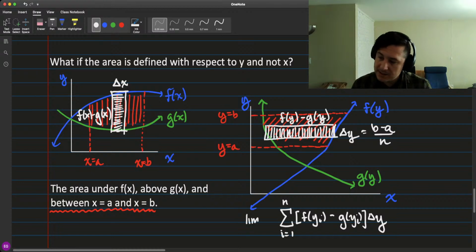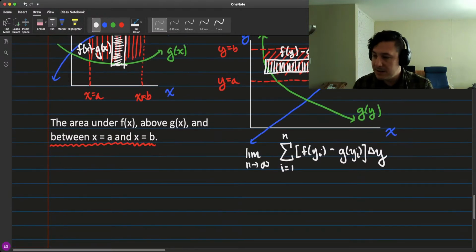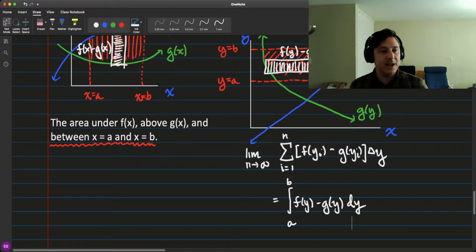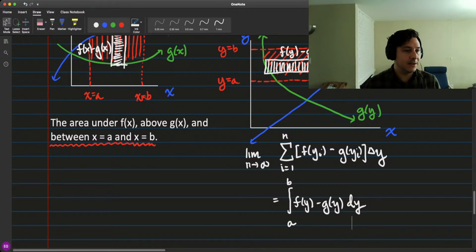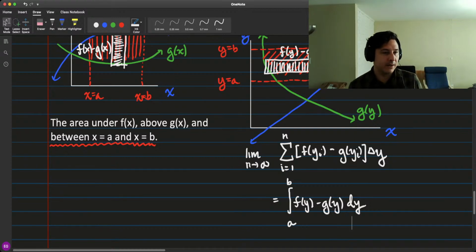Let's make the number of rectangles go to infinity, and that is now a definite integral. This is the definite integral from a to b of f of y minus g of y dy. Luckily it all still works the same, but now your independent variable is y. You just have to be aware of that.